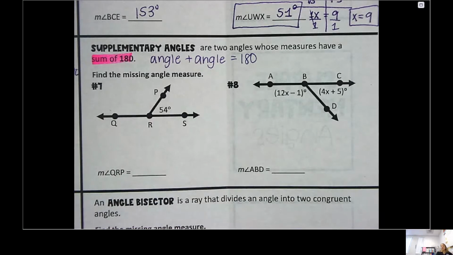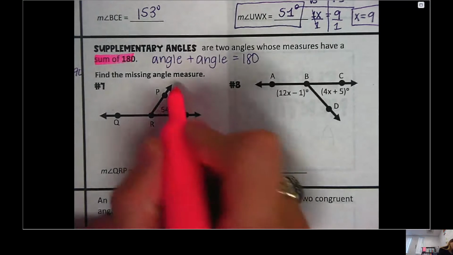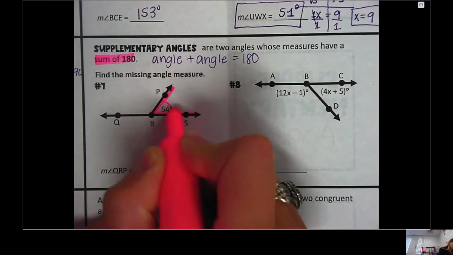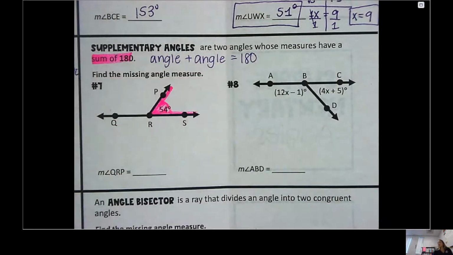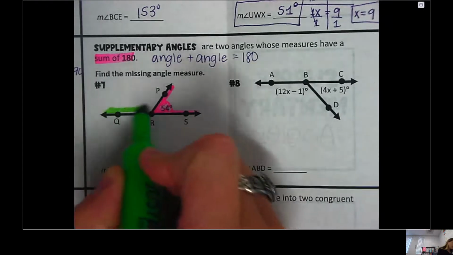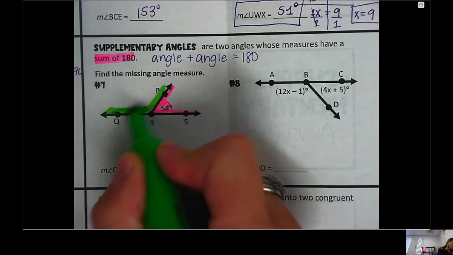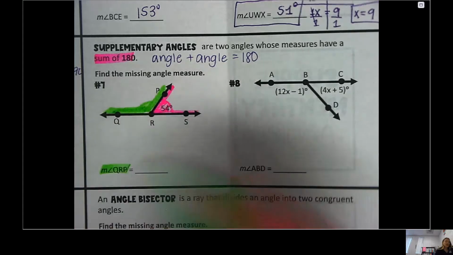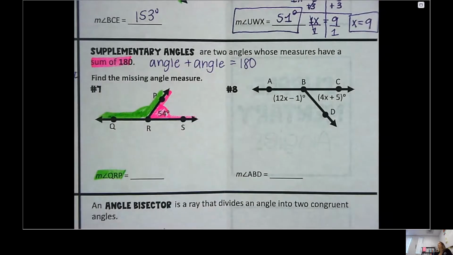Okay. So number 7, we're going to find the missing angle measure. I give you this angle right here, PRS is 54 degrees. How am I going to figure out this angle QPR over here in green? Subtract what? Beautiful.